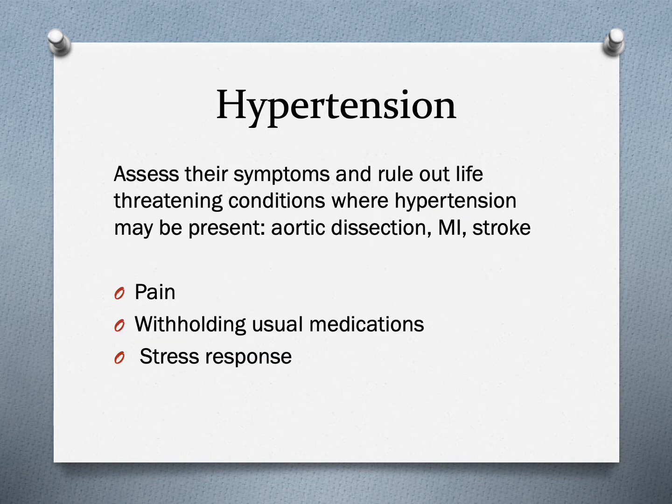So the first one I'll discuss is hypertension. You should assess their symptoms and rule out any life-threatening conditions where hypertension may be present. So the things that are really concerning would be aortic dissection, MI or stroke, or any symptoms that are related to hypertensive emergency, so severe headache and any vision changes that might imply that the hypertension is causing bleeding or causing a problem for this person.